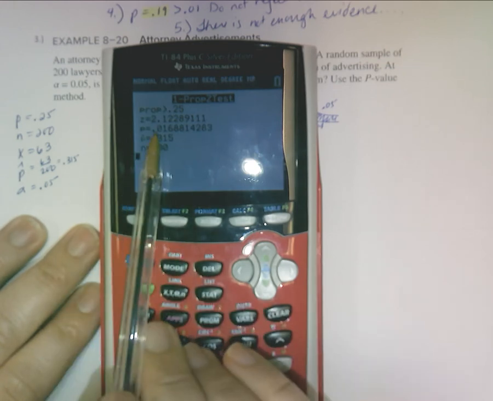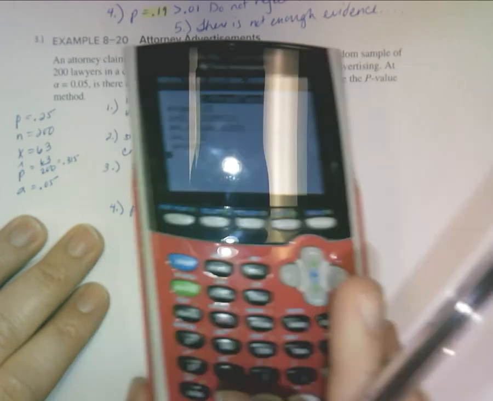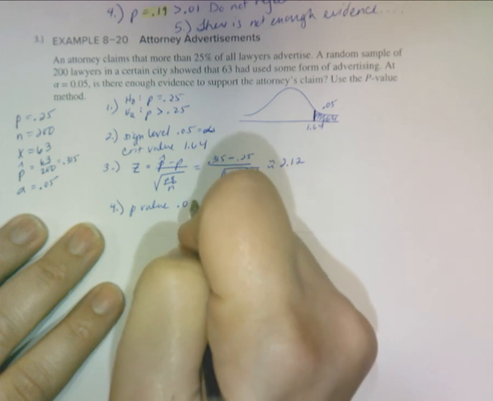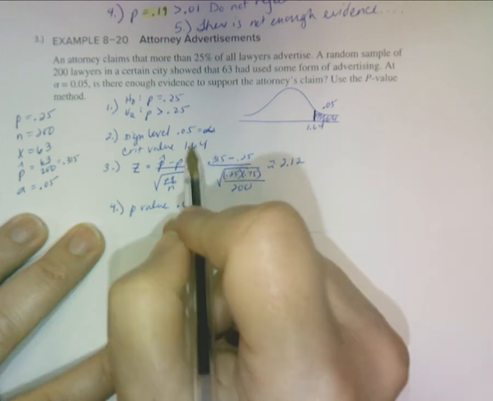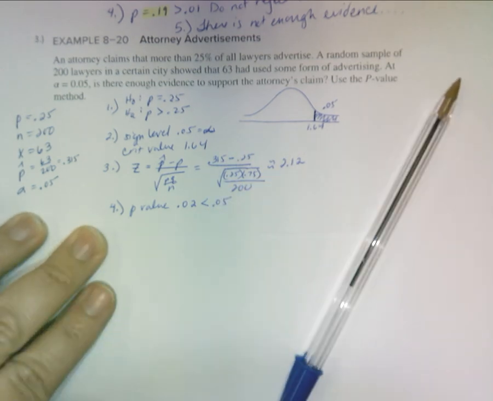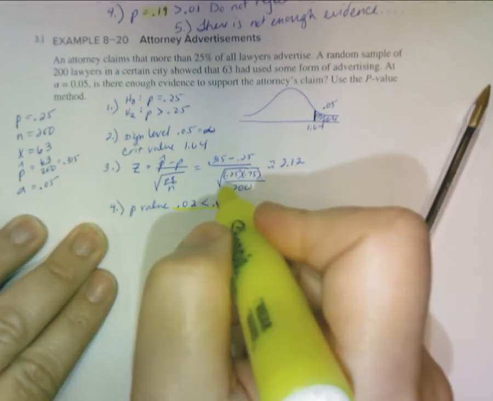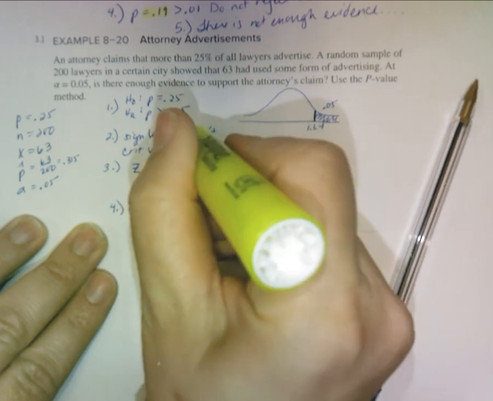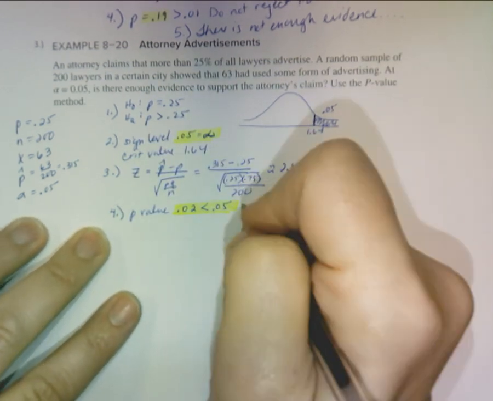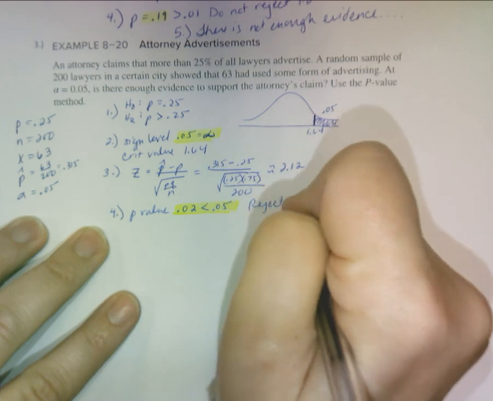I got a P of 0.016 or 0.02, which is less than my significance. Okay, just again to highlight. If the P is low, reject the H0.